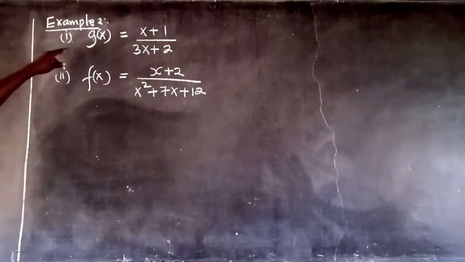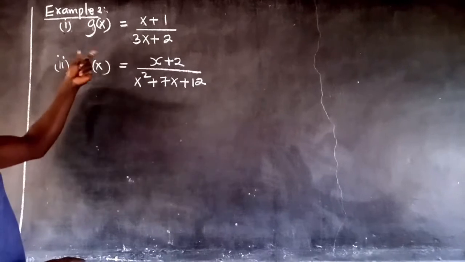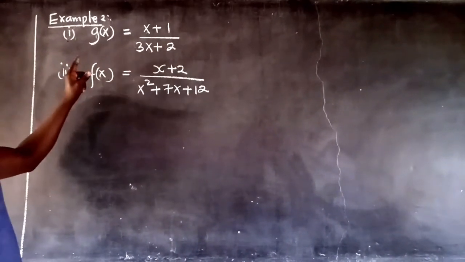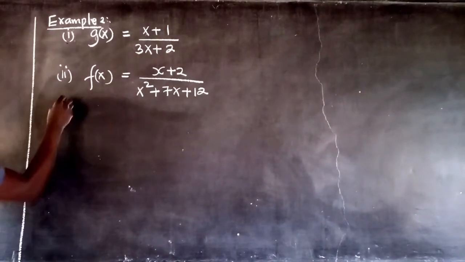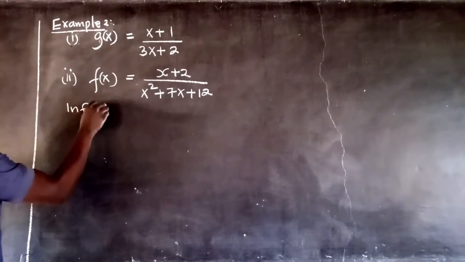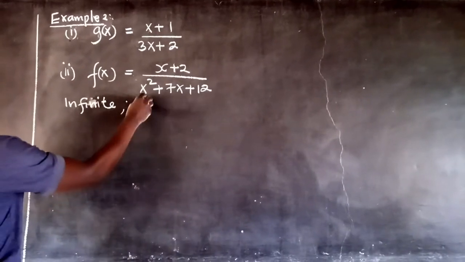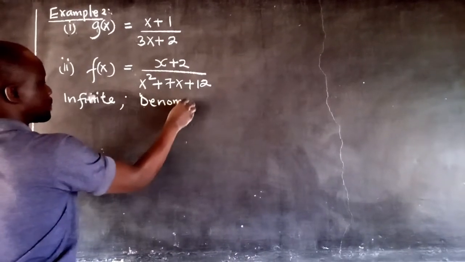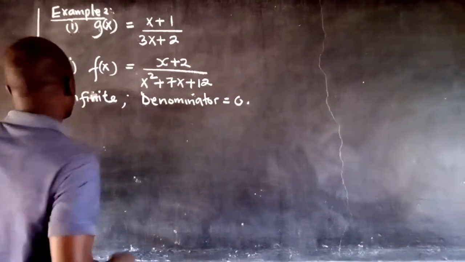We are given the first function and we are told to find the values of x for which these functions, the first part, are infinite, and then the second part, are equal to 0. So when we are answering our condition of the function being infinite, recall that the denominator should be equal to 0.